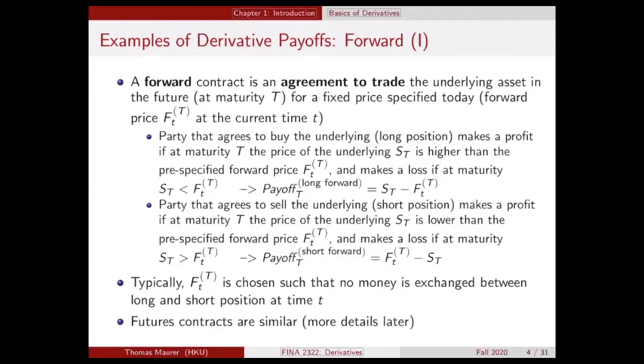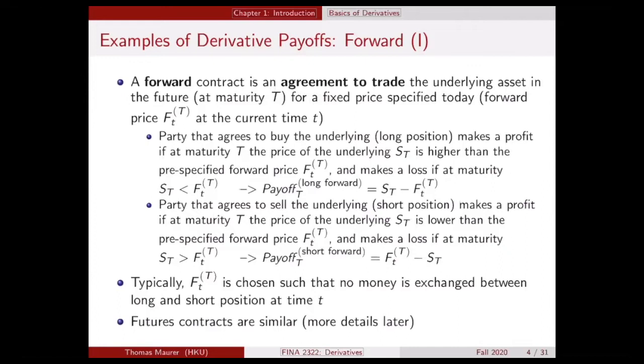So his payoff is the price of the underlying asset at the maturity date minus what he has agreed to pay. Whenever this is positive, he makes a gain, and if the price of the underlying asset is lower than the pre-agreed forward price F, then he makes a loss.